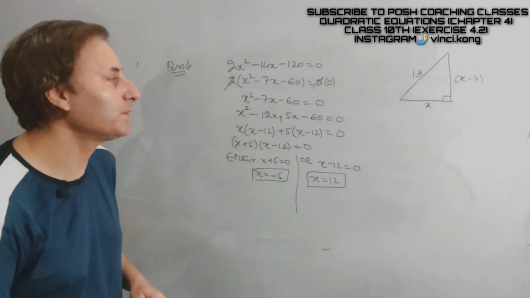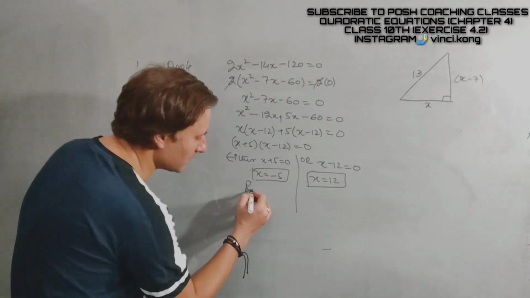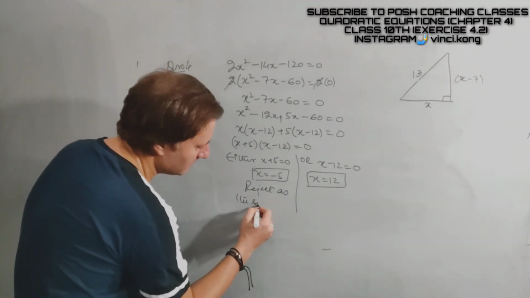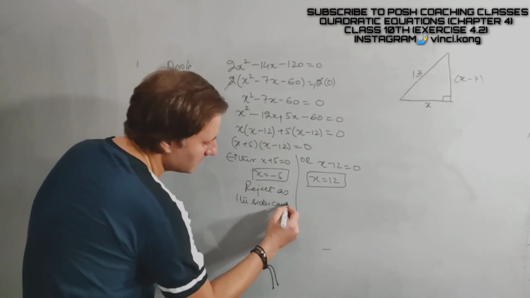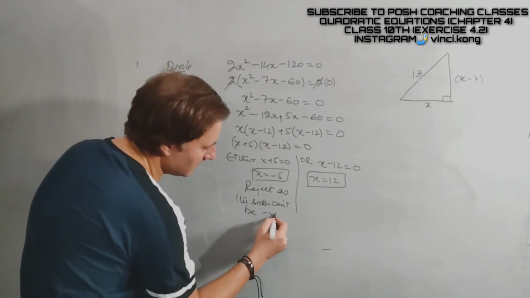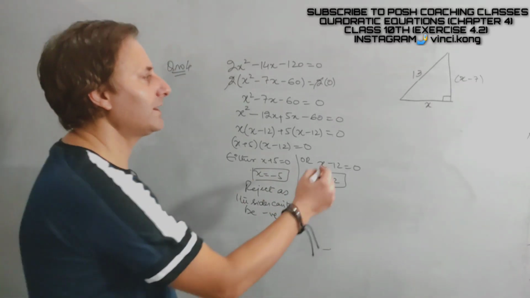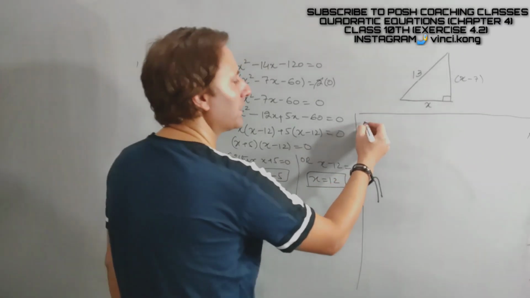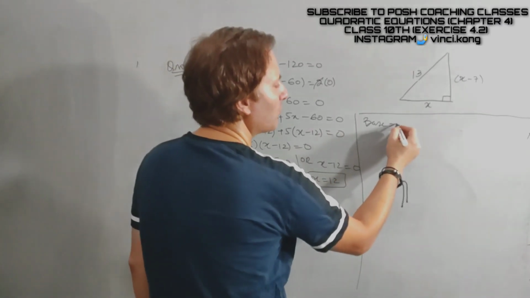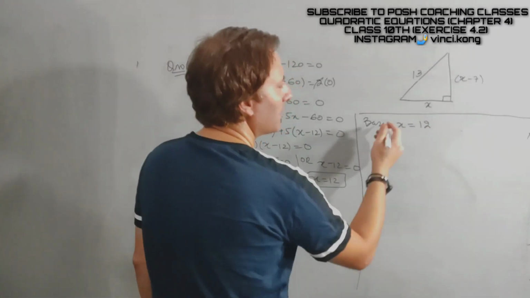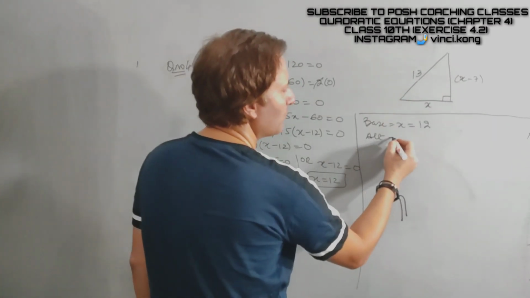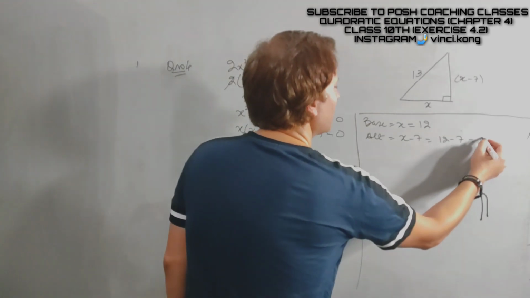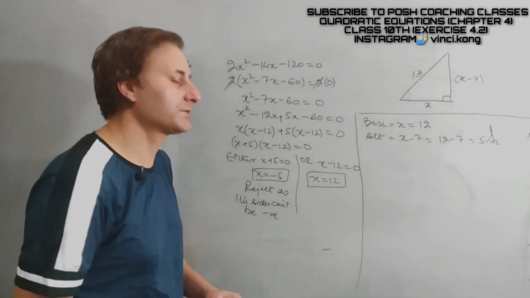Length can never be negative, so we will reject this, as sides can't be negative. So our answer is x is equal to 12. If you remember, base was x, that means 12. And our altitude was x minus 7, it means 12 minus 7, that is 5. I hope this is clear to you guys.